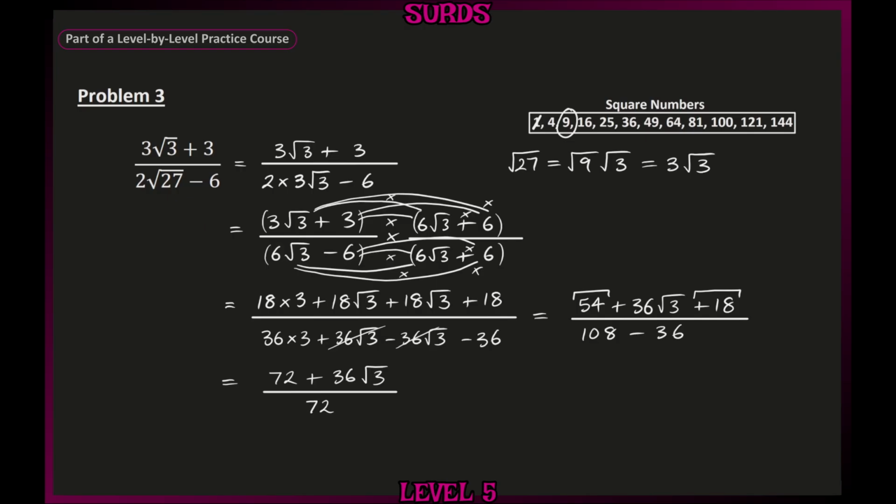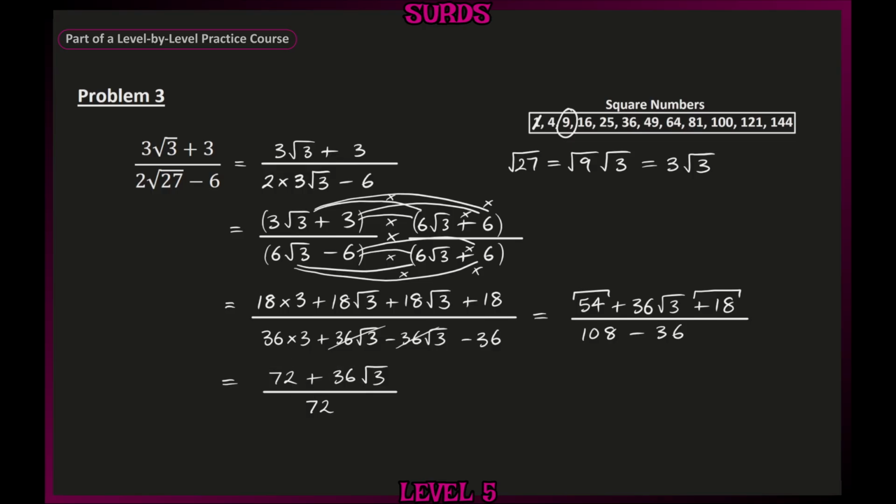Now this isn't our final answer because we can still simplify one step more. And if we notice, 72, 36 and 72 all have lots of common factors. They can all be divided by 2, by 3, by 6, by 9, by 18. And actually the largest factor, so the highest common factor of those numbers, is actually 36.